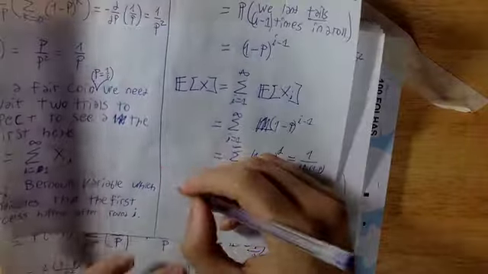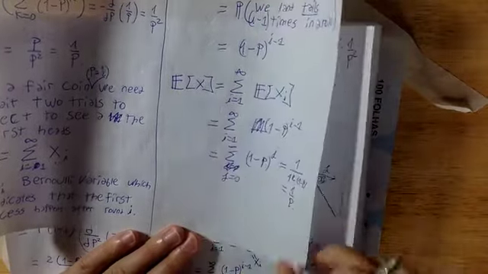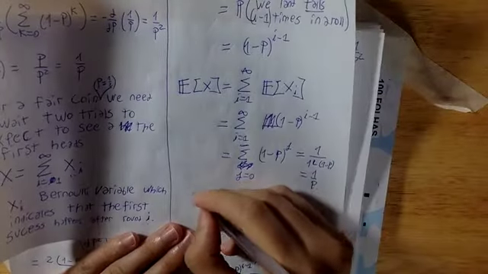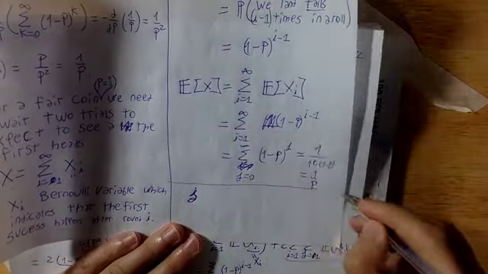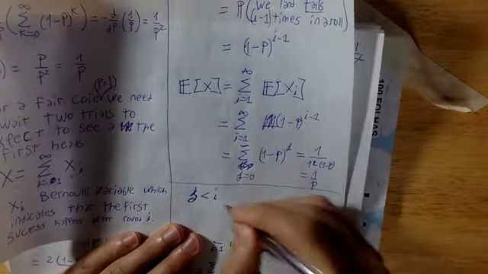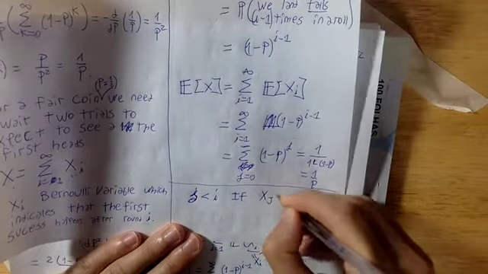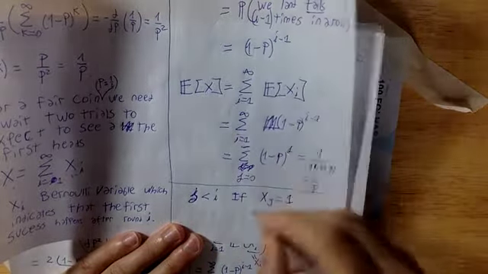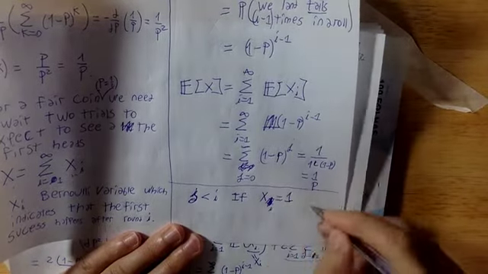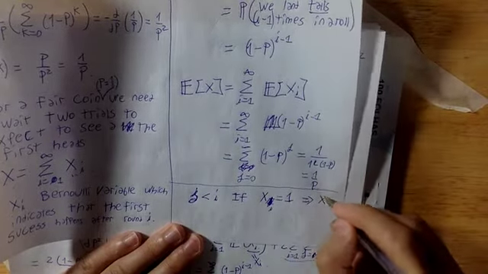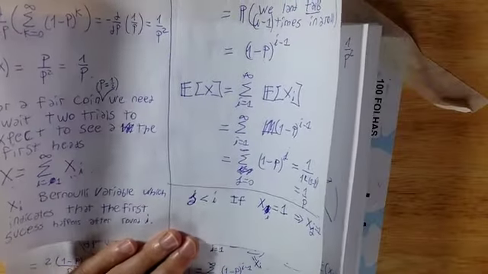Let's say that in this case I've taken j less than i. If xi is equal to 1, this implies that xj is equal to 1.